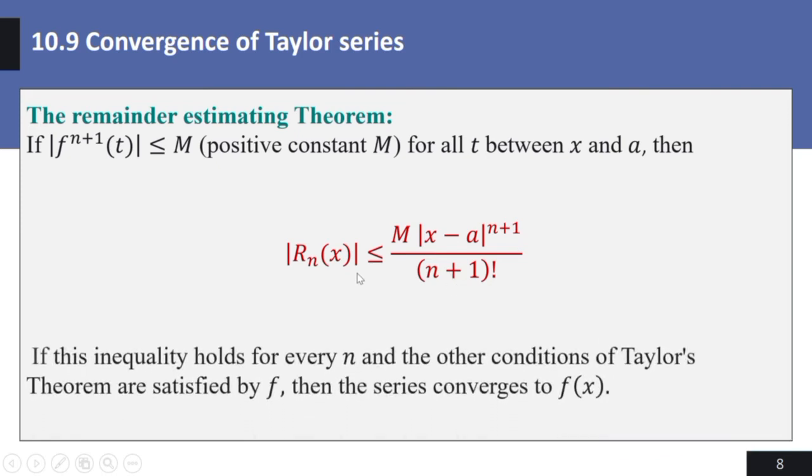So if this inequality holds for every n and the other conditions of Taylor's theorem are satisfied by f, then the series converges to f of x. From the previous exercise, exercise 1, it is easy to know the derivative of e to the x. But for some functions, that's not easy, so we have to bound the remainder. So we have to find M.